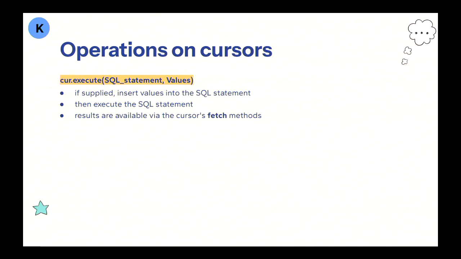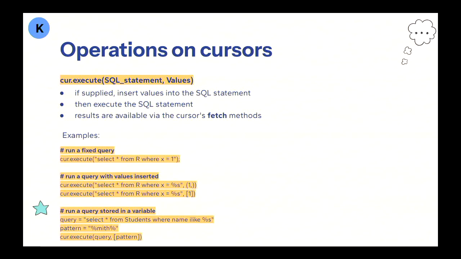This function accepts two parameters. The first one is the basic SQL statement, and the second one is the values to be inserted into the statement. So we can create a base statement, and we can modify that base statement with a list of values.